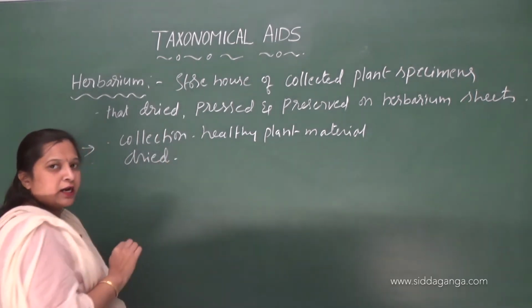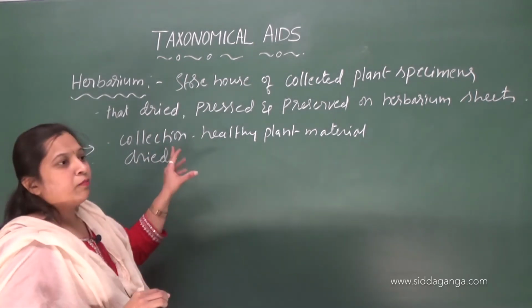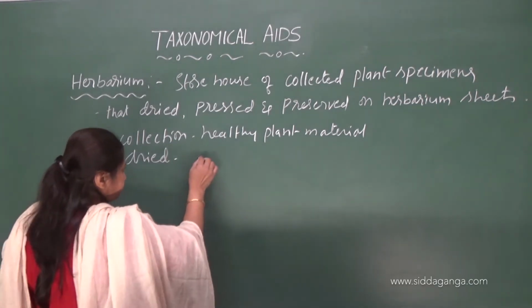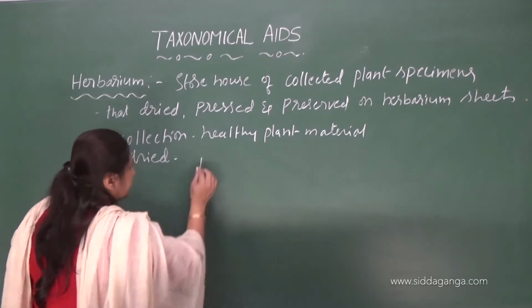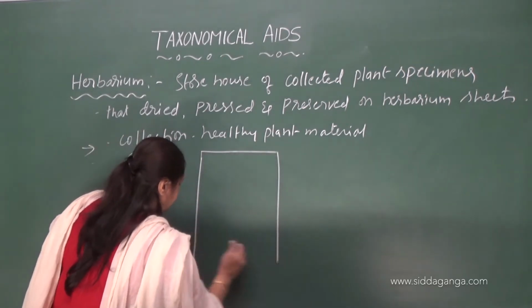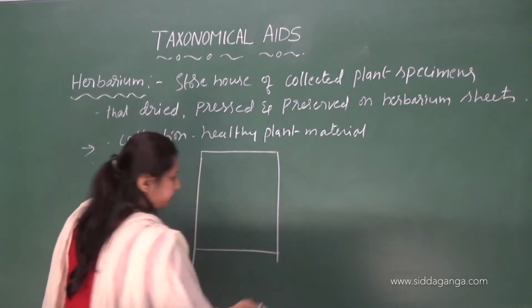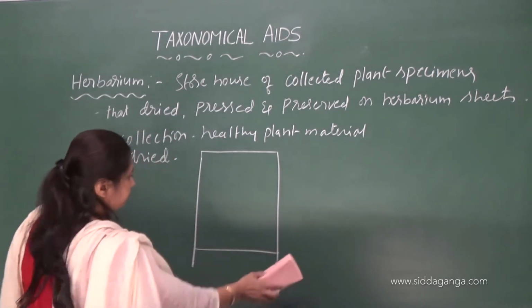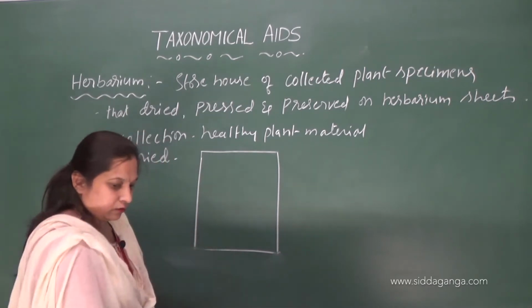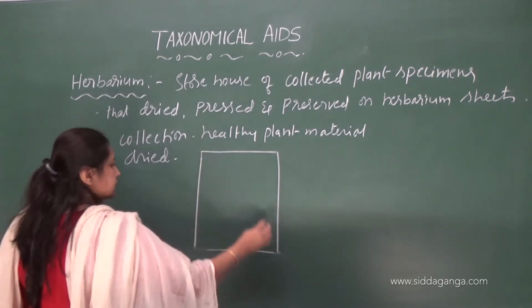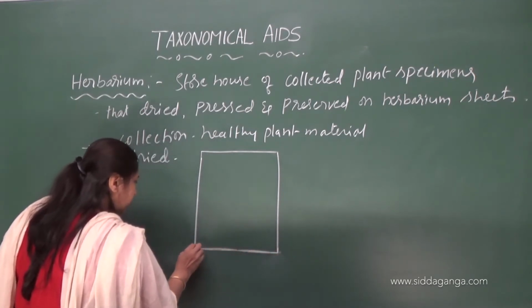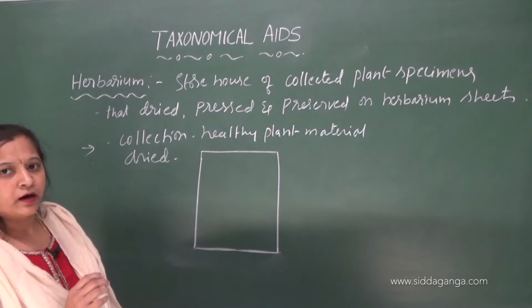After it is dried, it is mounted on a herbarium sheet. So the plant material is collected, dried, and mounted on a herbarium sheet.